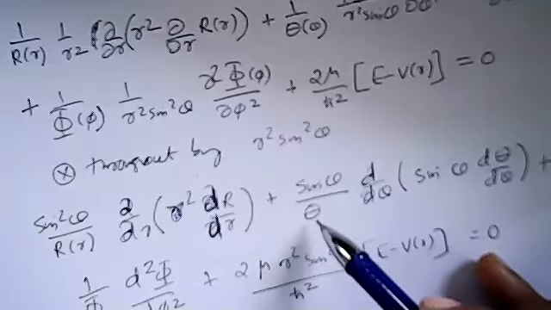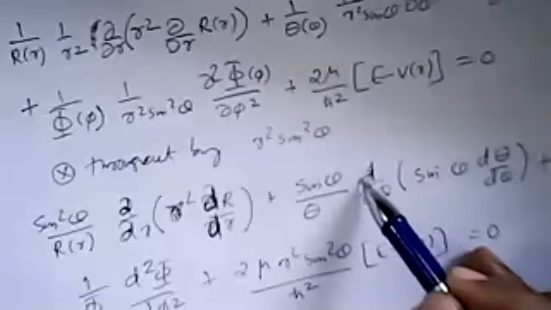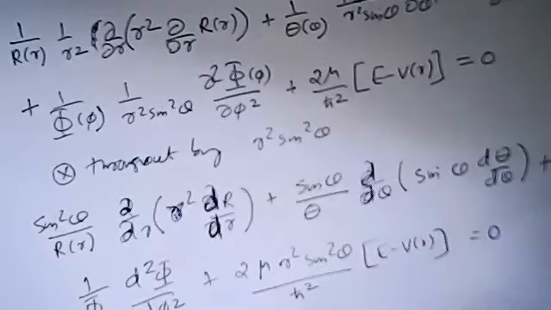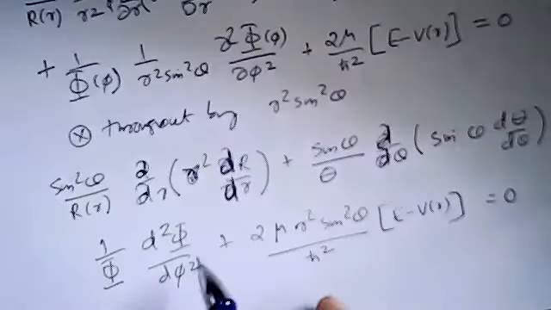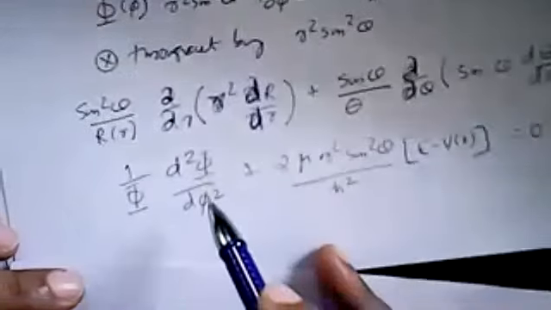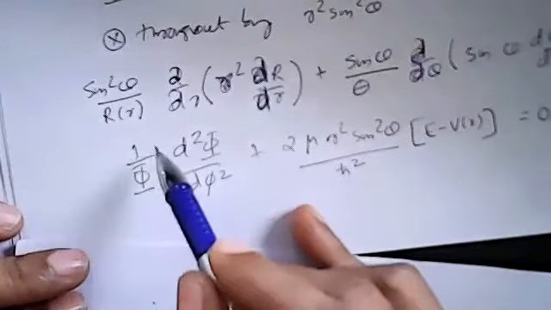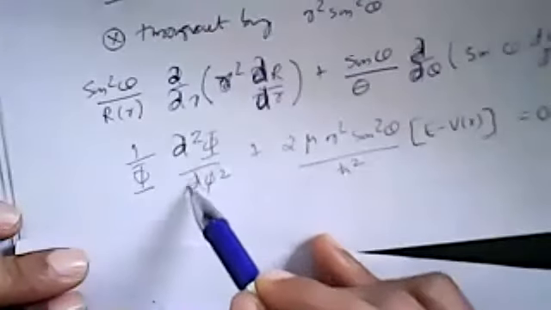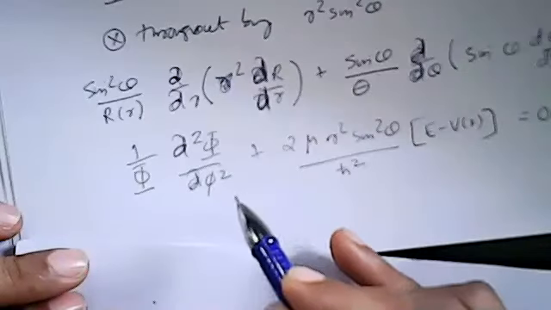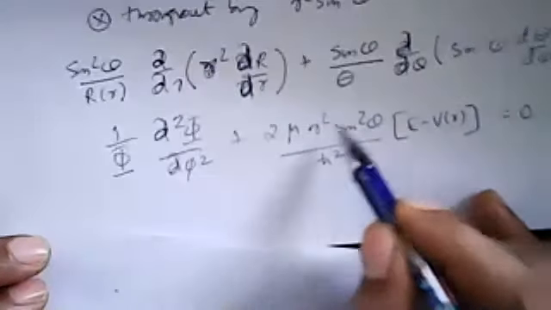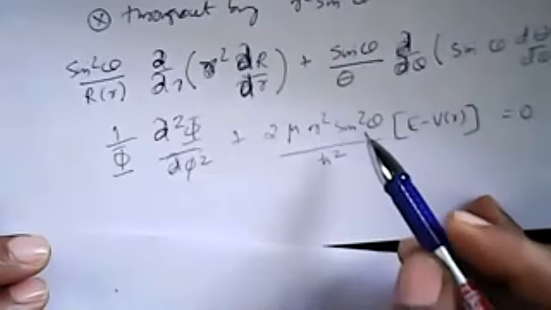Then sine theta by capital theta, dou by dou theta of sine theta dou theta by dou theta, plus this third term becomes very simple: 1 by capital phi, d square phi by d phi square. Plus here also r square sin square theta will come on the last term.